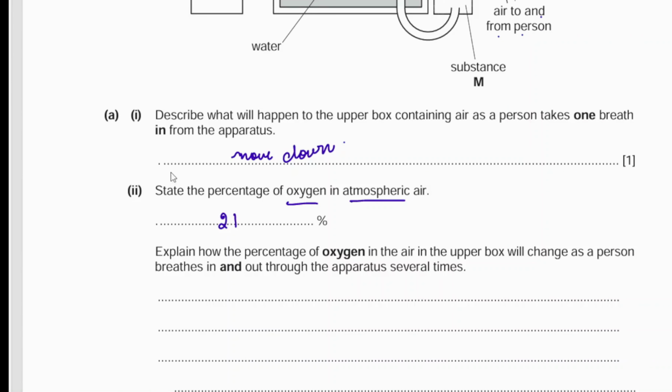Explain how the percentage of oxygen in the air in the upper box will change as a person breathes in and out through the apparatus several times. So when we breathe in, the percentage of oxygen would decrease.